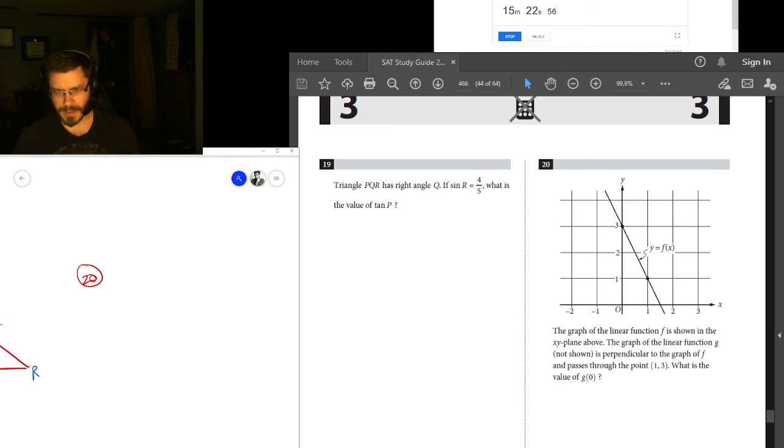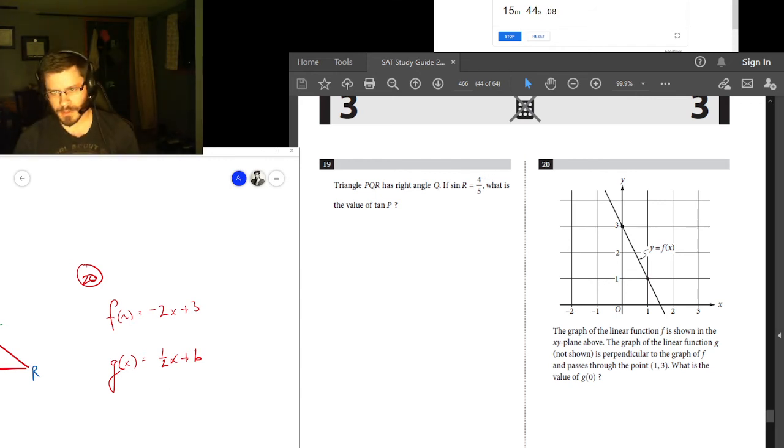The slope is the opposite reciprocal of the one shown. It goes down 2/1, so f of x has a slope of negative 2, and negative 2x plus 3 is the equation of that. G of x is the opposite reciprocal, so that's 1/2 x plus b. We need to find b.